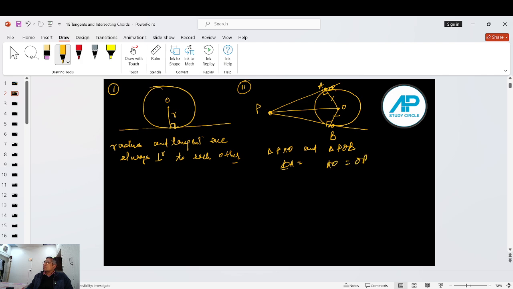AO equals to OB. There's a first point. Second point is angle OAP equals to angle OBP. They are 90 degree each.